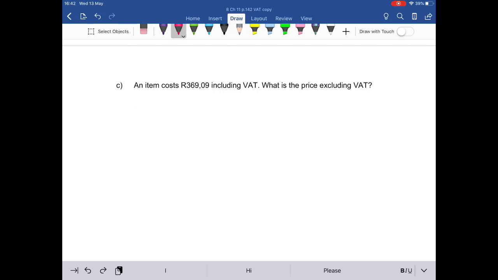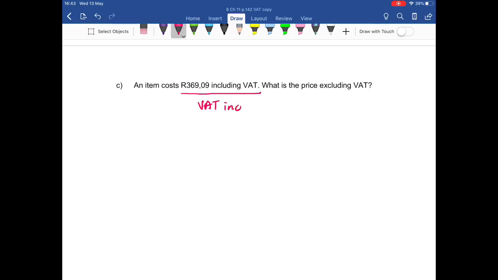Okay, so what you have now, an item costs 369.09. It includes VAT. Now I want to tell you right at the outset, because it's a percentage increase, you cannot just subtract VAT. So there's a formula you have to use, and that is going to be, you're going to get your VAT inclusive price, and you are going to divide it by 1 plus i.